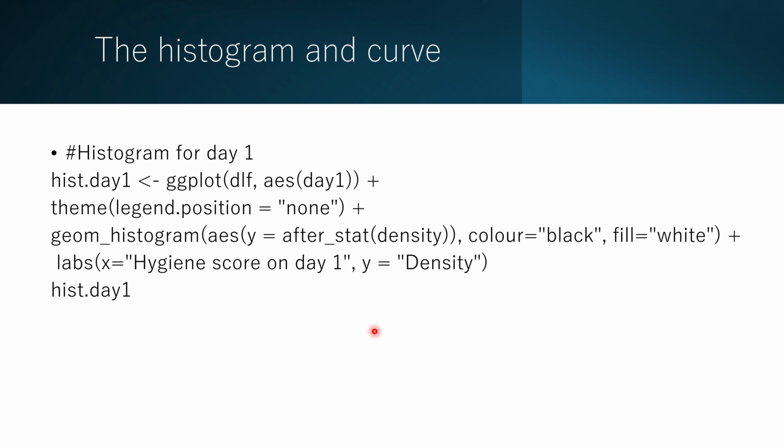The next is here. This is a histogram. geom_histogram, and aes is here, y equals after_stat(density). Color is black, fill is white, and the x-axis name and y-axis name are here.